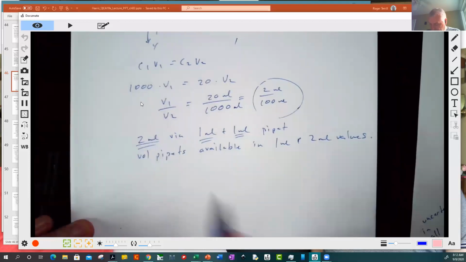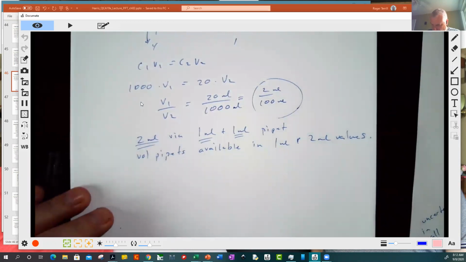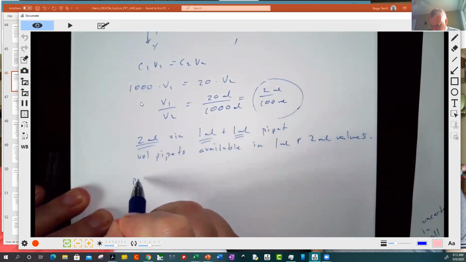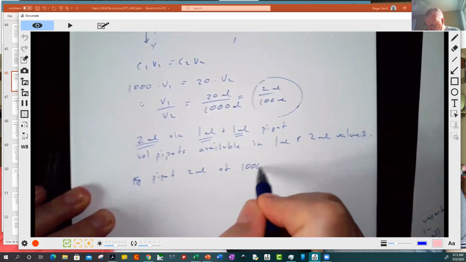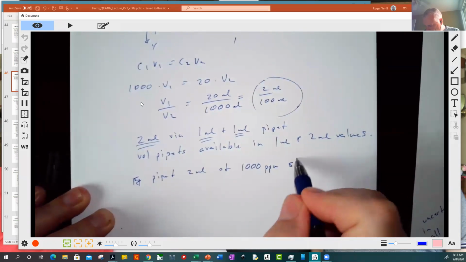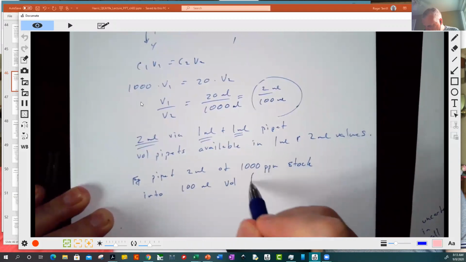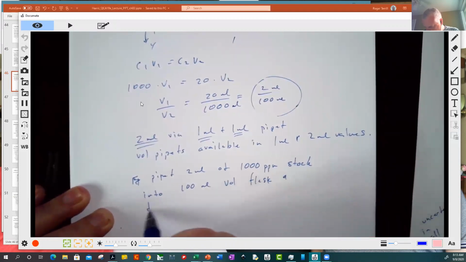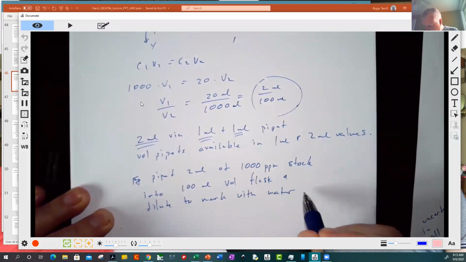Okay, so let's see. What we're going to do is pipette 2 mLs of 1,000 parts per million stock into a 100 mL flask and dilute to the mark with water and mix.